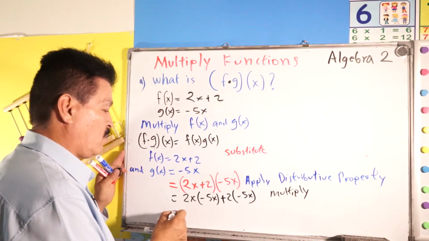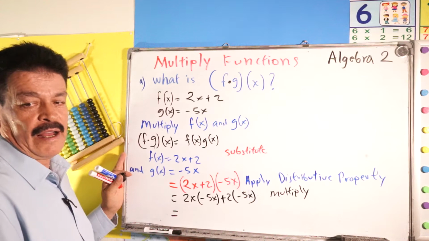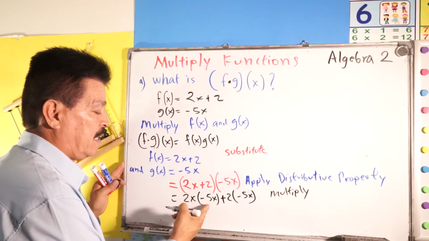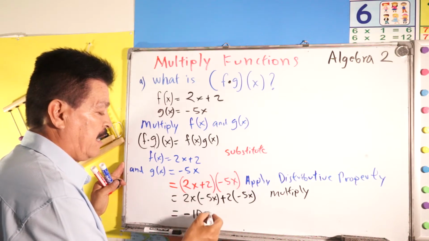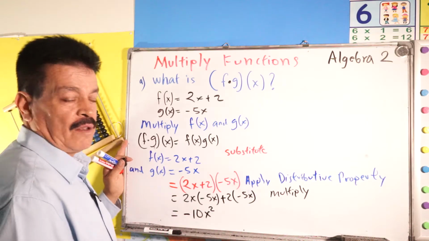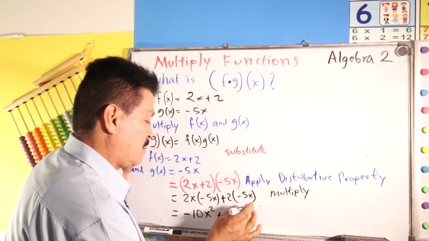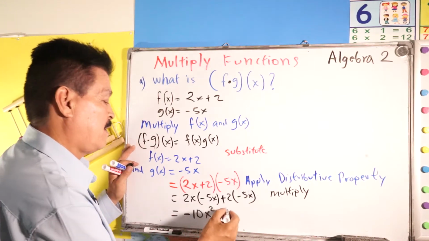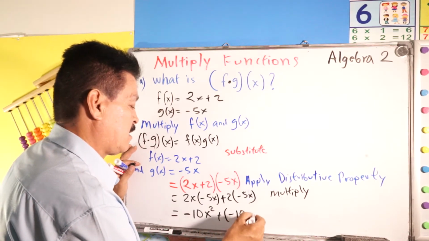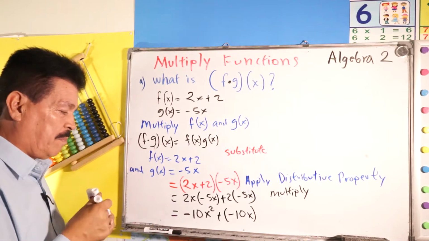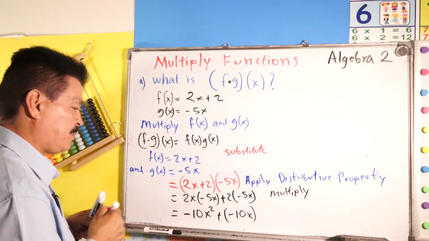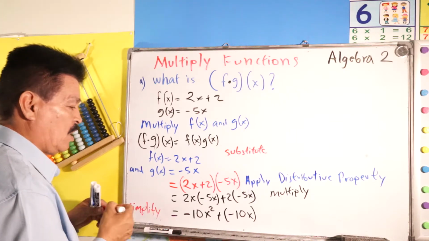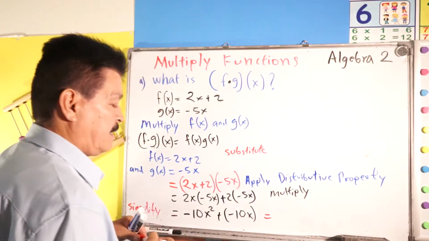Now this equals 2 times negative 5 is negative 10, x to the second power, plus 2 times negative 5 is negative 10x. Now simplify.